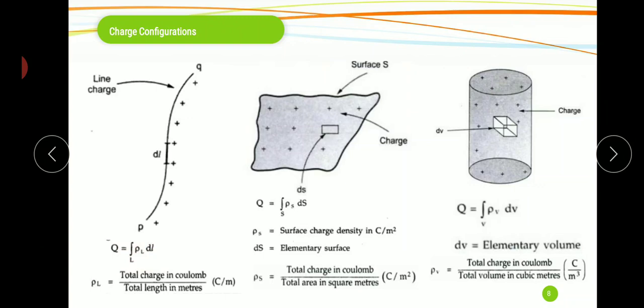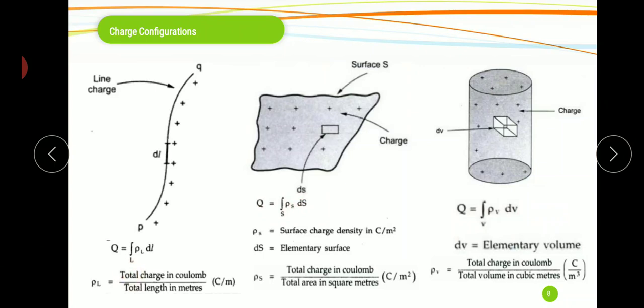If a charge shape is a surface, that means it has two variables, length and breadth, then the charge expression in this case is integral rho s ds. In a similar manner, you take a spherical or cylindrical or any cube like that. So it has three variables. So in case of volume charge configuration, the charge is expressed as integral rho v dv.